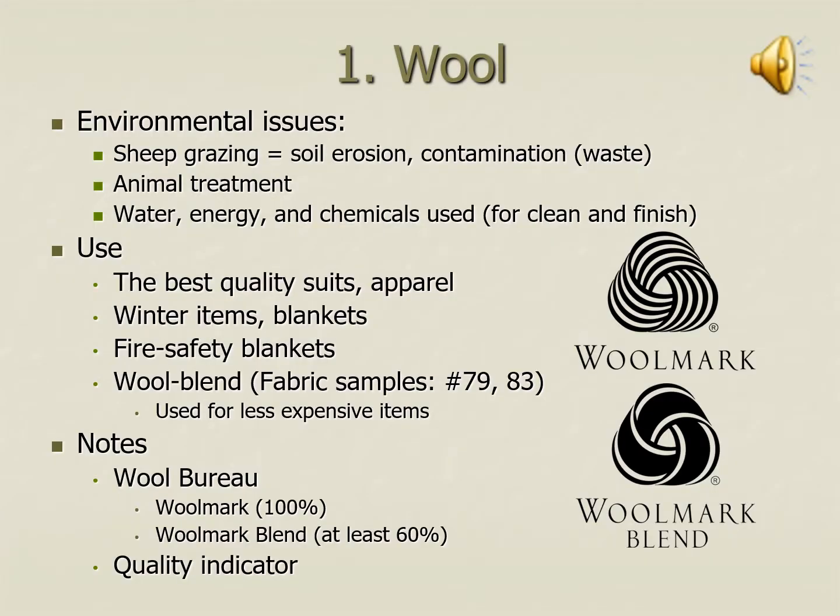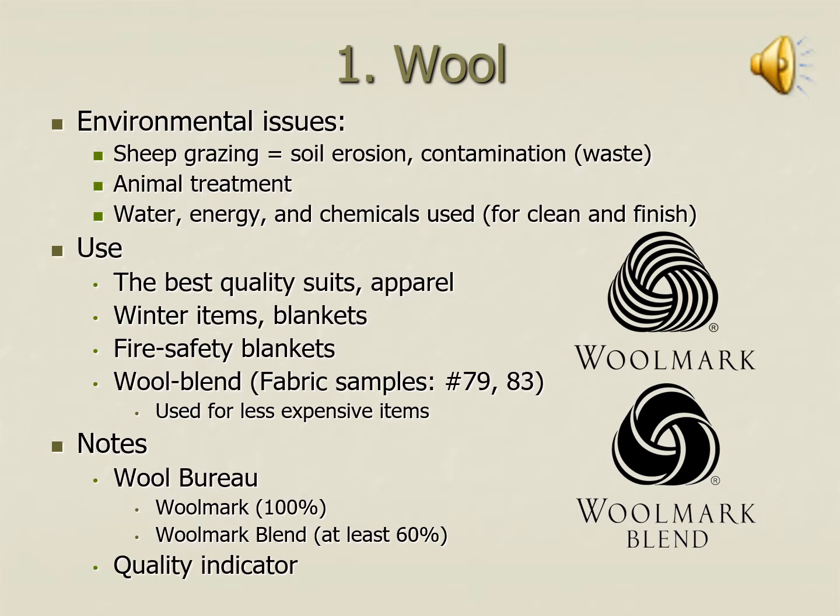In terms of the environmental issues associated with wool production, the first one is that sheep graze in pastures, which relates to soil erosion. Additionally, their waste ends up contaminating water sources and that sort of thing. So there's an issue with that. Additionally, although sheep aren't necessarily killed for their wool, there are some concerns about how they are treated when they are being used for their wool.